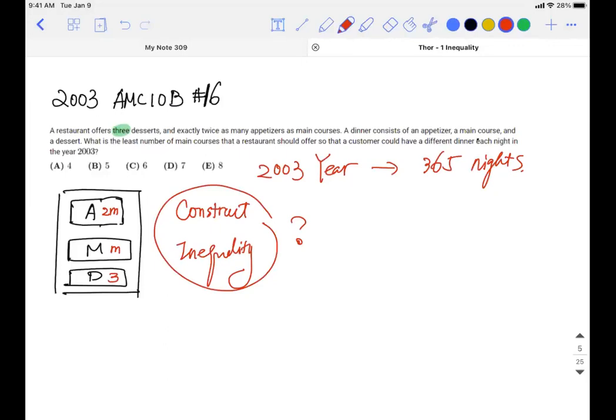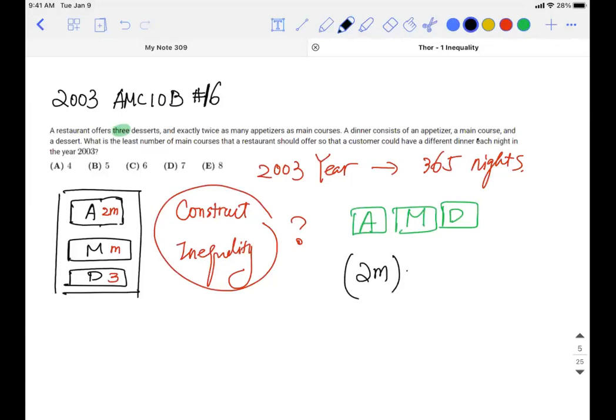Maybe we can total up the combinations of appetizer, main, and desserts and set it greater than or equal to the number of nights, because we need at least 365 unique combinations. I think that's a very good approach, right? So in order to make it happen, you need to set up your appetizer first, then your main course, and then your desserts. How many options for appetizer? 2M, right?